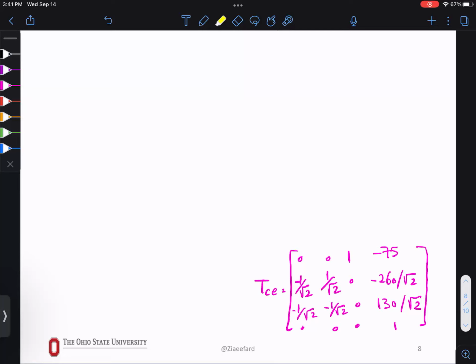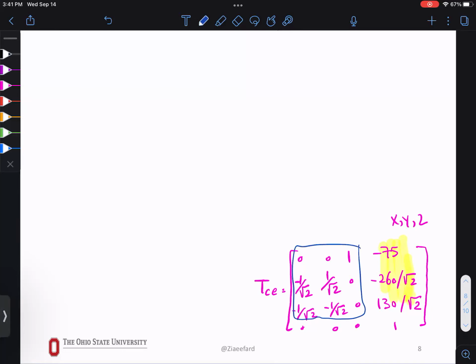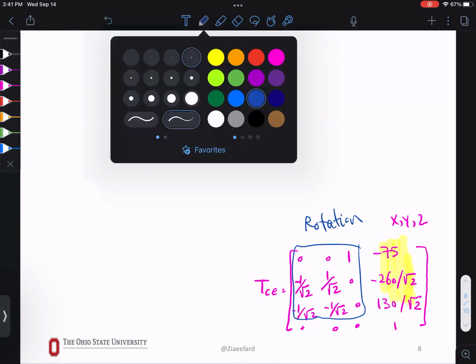Right? So these are XYZ position. And then this one is the rotation matrix between the two frames.